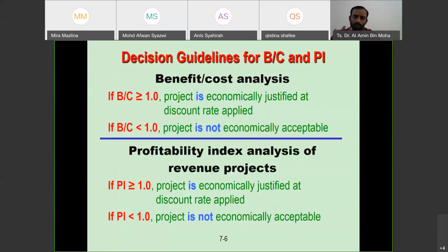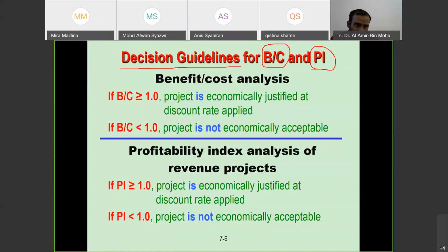So when we calculate BC, we get the ratio. This is how we justify it. This is the decision guideline for BC. What is BC just now? Benefit cost ratio, and PI is profitability index.